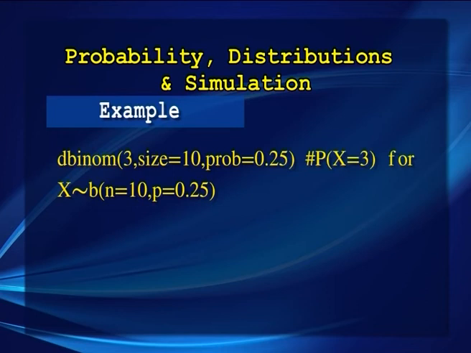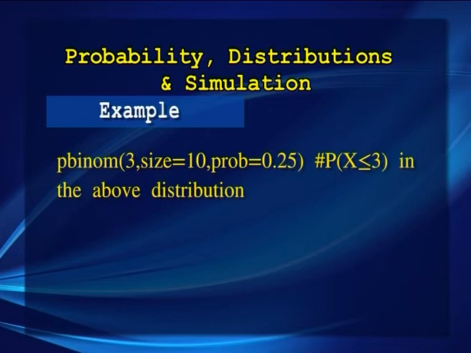dbinom(3, size=10, prob=0.25). It will compute the probability of x is equal to 3 for x following binomial distribution, n is equal to 10 and p is equal to 0.25. pbinom(3, size=10, prob=0.25).